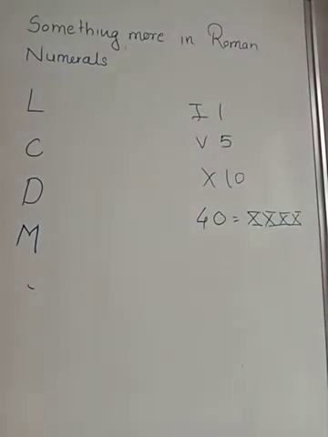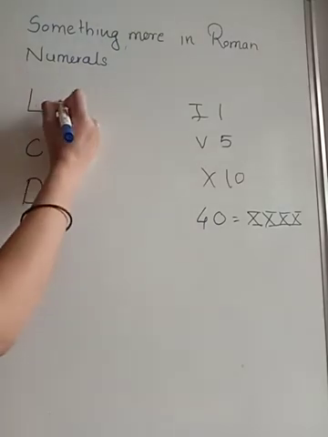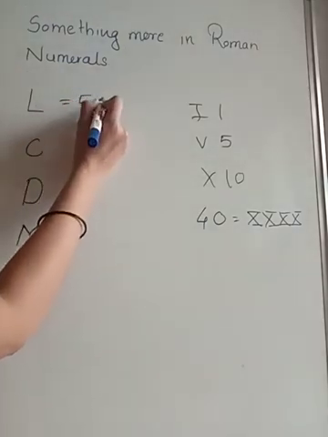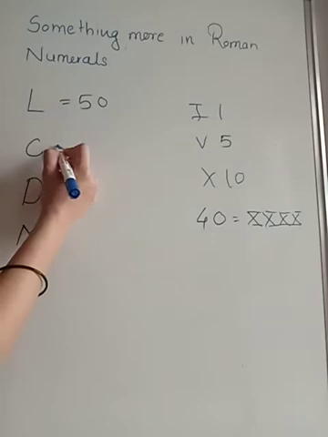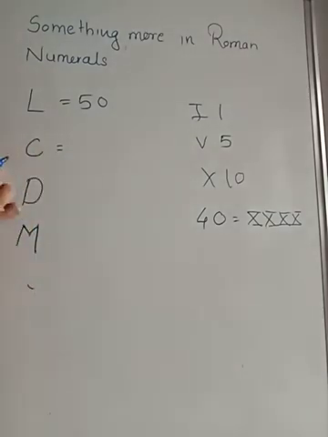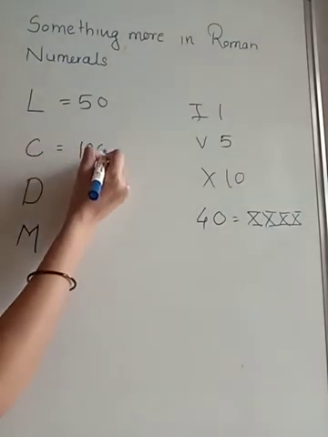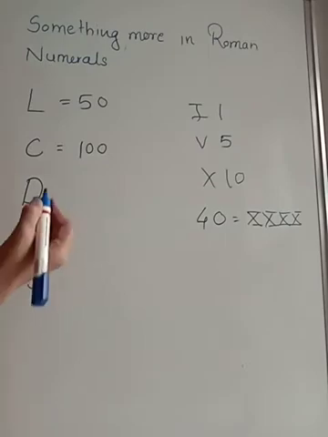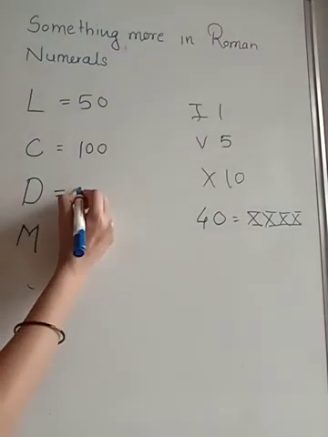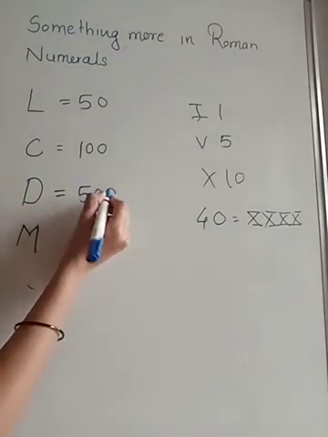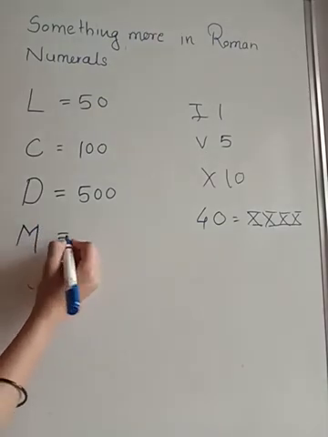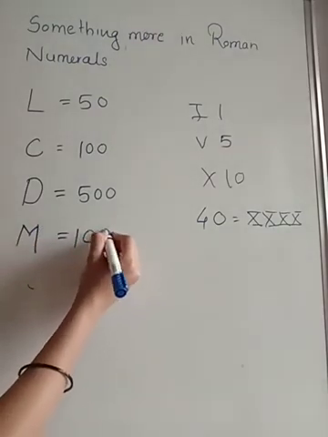But when you have to write 50, you can use L for 50, C for 100, D for 500, M for 1000.